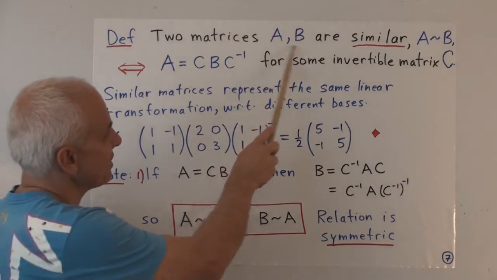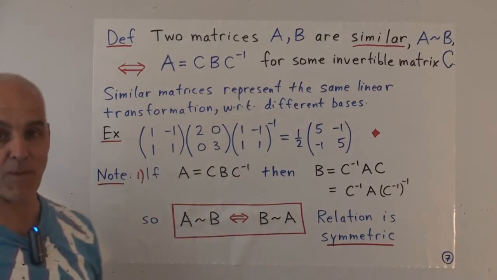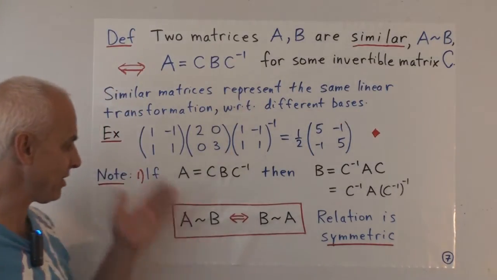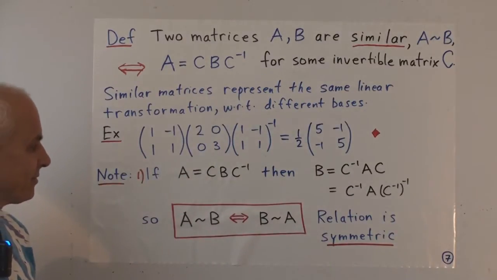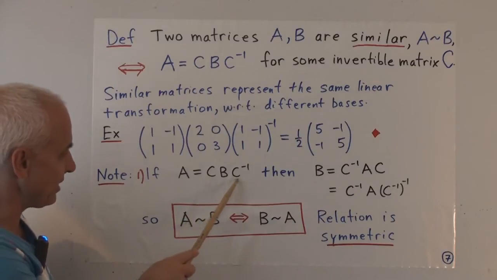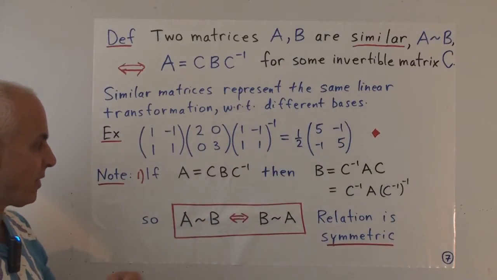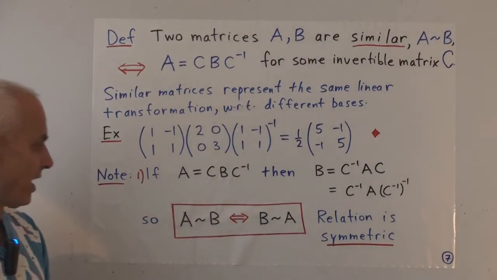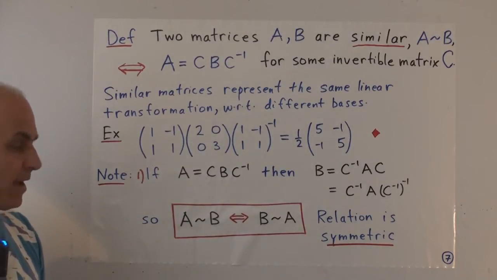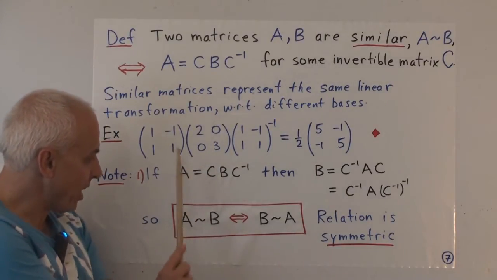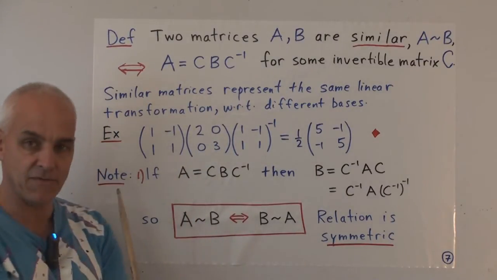This relation of similarity has a few pleasant properties that make it what we call an equivalence relation. So let me state what those properties are. First of all, if A happens to be C B C inverse, then we can invert this relation to express B in terms of A. How would we do that? Well, we would take this equation and multiply it on the left by C inverse.